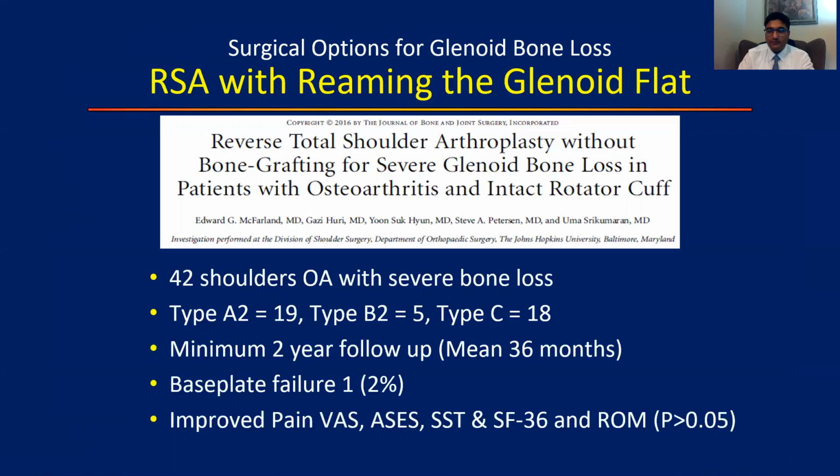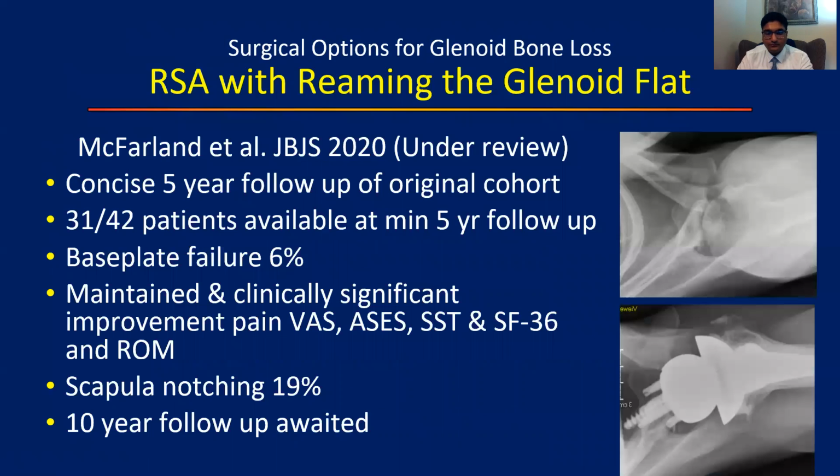They looked at a minimum 5-year follow-up and found only one base plate failure, which amounts to 2%, and the range of motion and function improved in the patients at the final follow-up. There's another study, currently under submission, which is a concise follow-up study of the same cohort done by the same group.